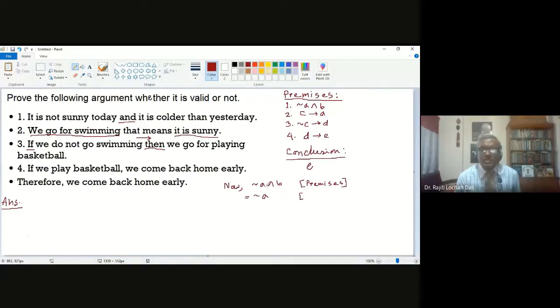I mean, in this and this, you are taking any one, maybe not A or maybe B, both will be correct. This is called simplification. So how am I taking only one when there were two things in the and?